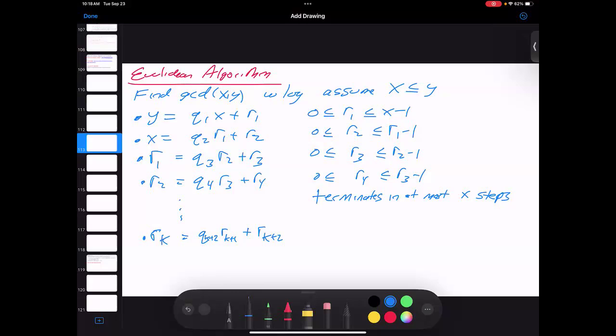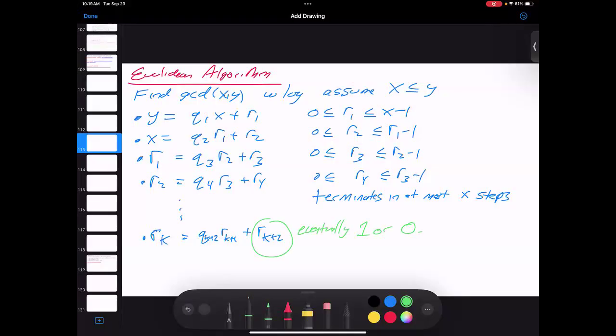And eventually, what's R_{K+2} going to equal? 1 or 0. If it's 1, you could just do one more step and get a remainder of 0. So you can always keep running the algorithm until you get 0.